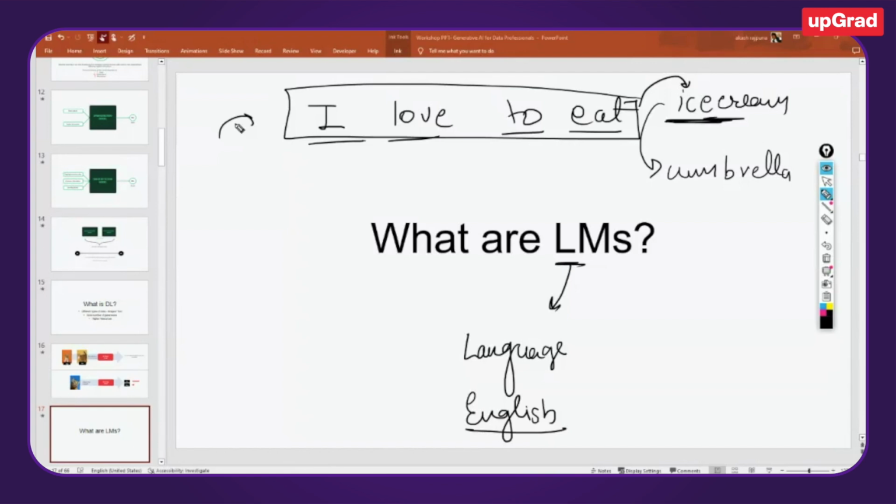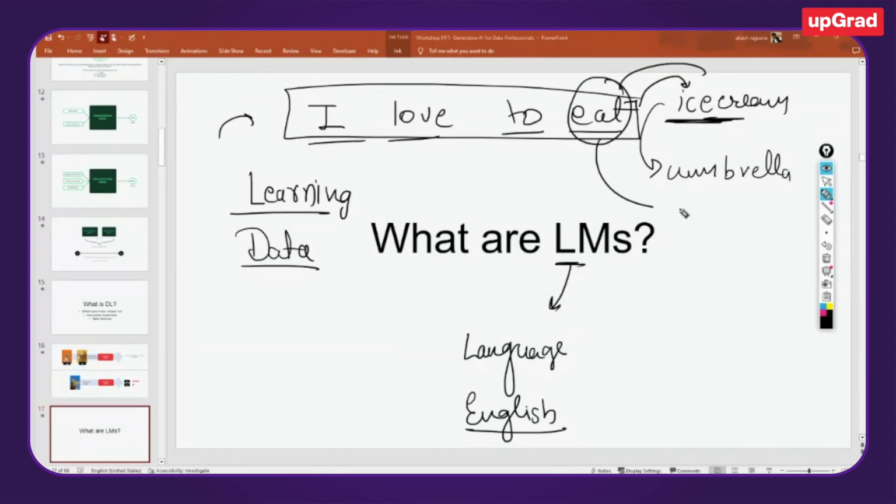Will he be able to predict this perfectly? No, he would not. So this depends on what type of learning has already happened. You need to learn on very vast data. You need to have that understanding that after eat there should be a food item and not a non-living thing, or a non-food item.